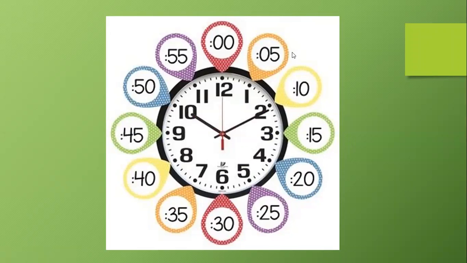So just remember, as we go through this lesson, that every number represents a 5-minute increment. We'll count in fives, 5, 10, 15, 20, 25, 30, all the way around the clock. That was just a little refresher before we get into today's lesson.